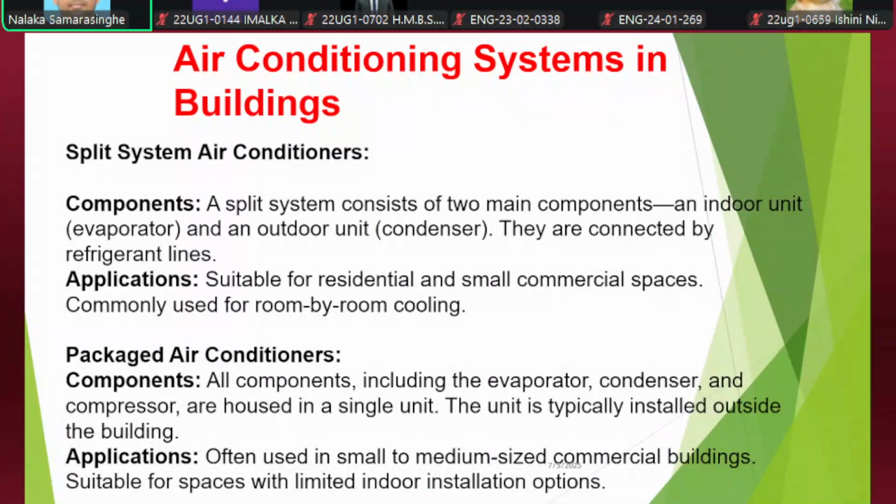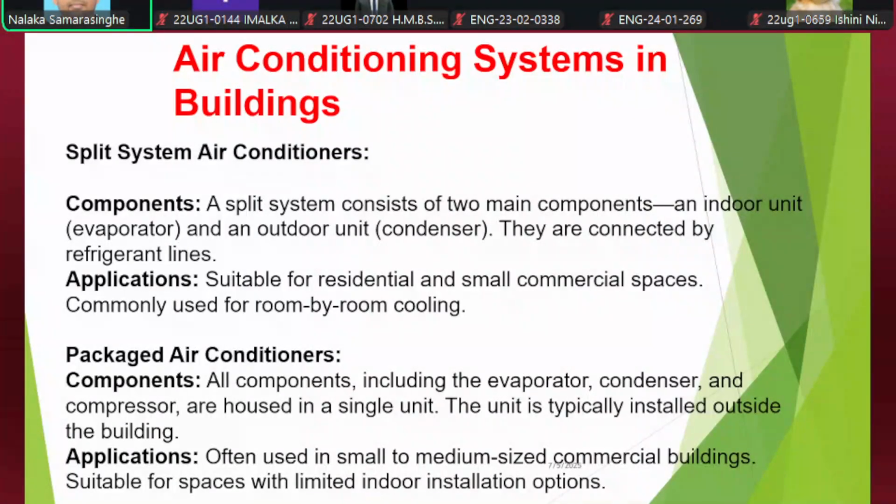And the second type is called packaged air conditioners. This packaged unit usually consists of all these components within one single unit. That's the evaporator, condenser, compressor, and expansion valve. All are inside one unit.